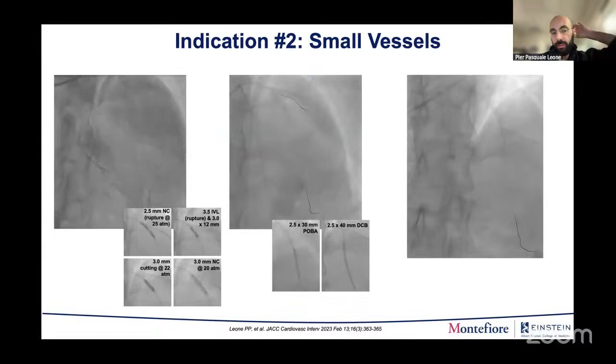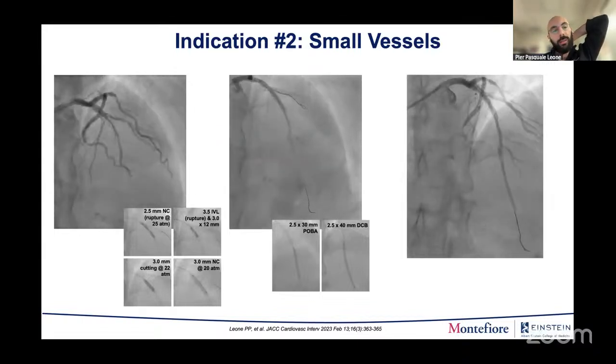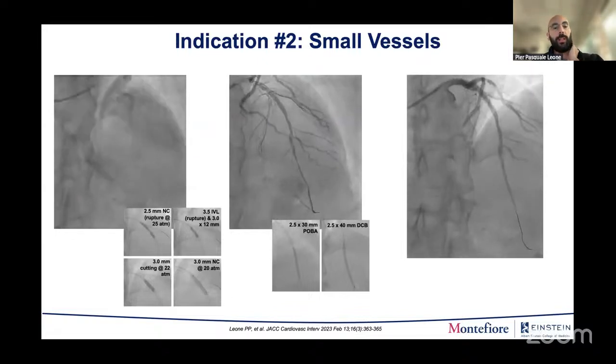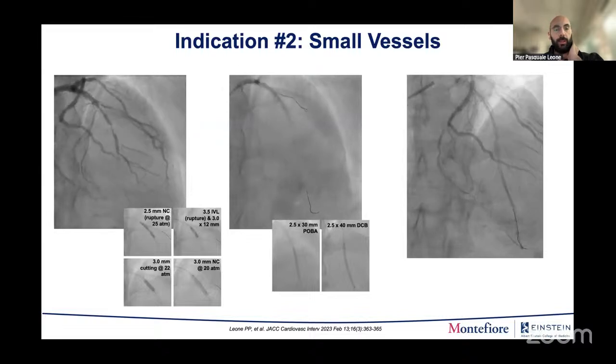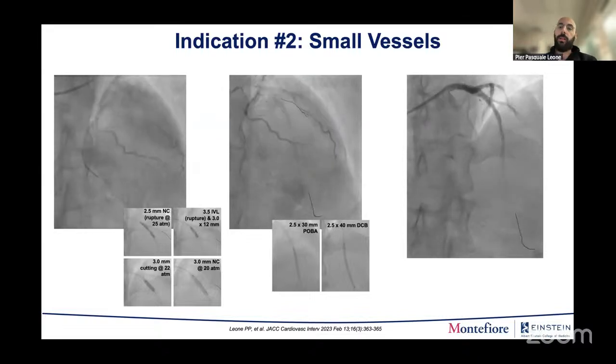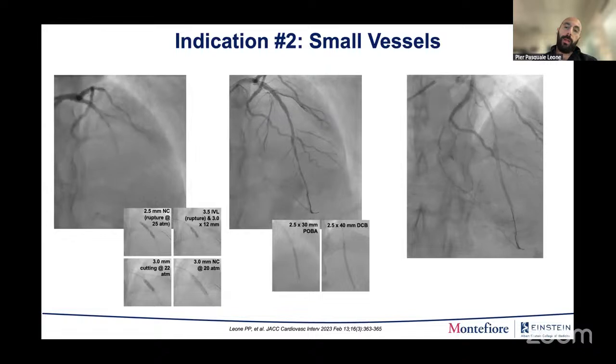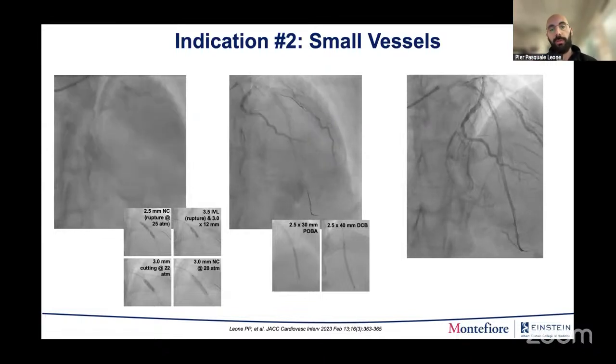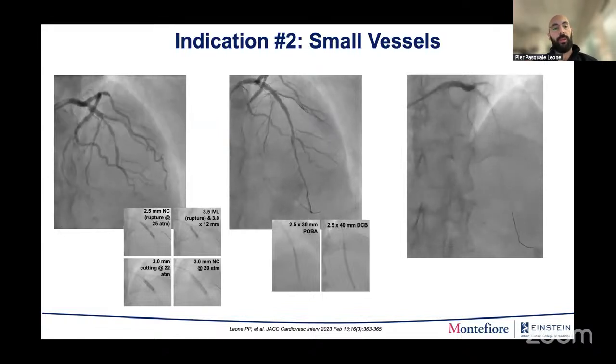And here is just a case example. You can see this long diffuse disease with a chronic total occlusion in the distal LAD. This is of course a paradigmatic and extreme case, but it's to reinforce the concept we're discussing.